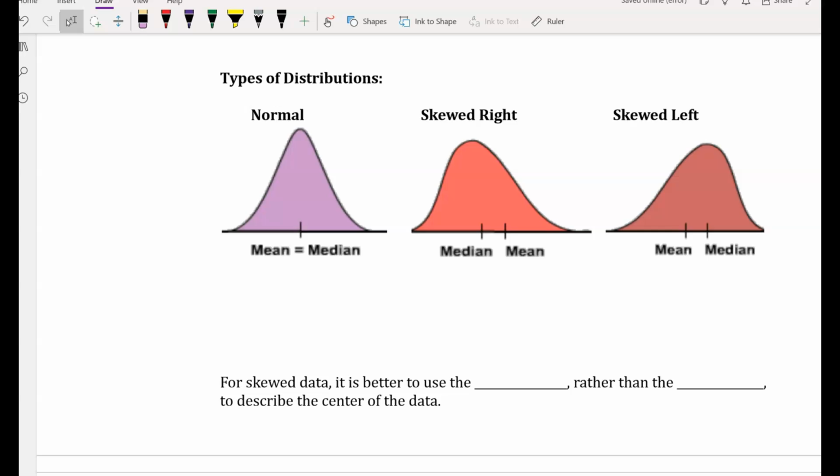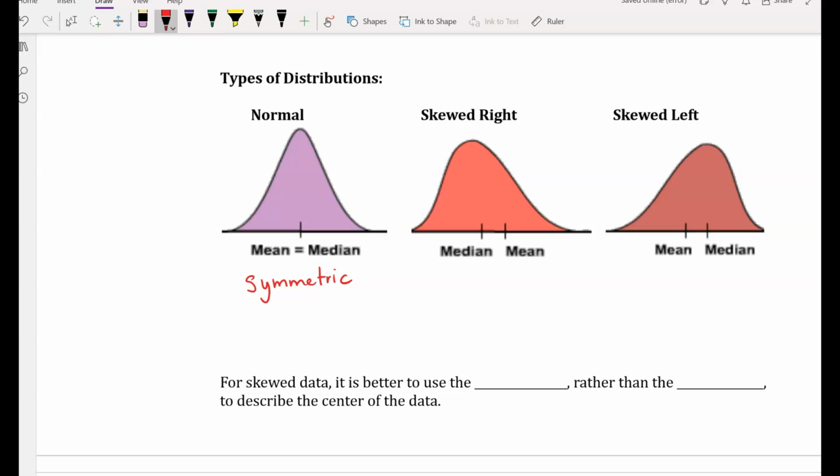So the curve represents a blanket that's on top of our distribution, and if we see some symmetry, if most of our data is right in the middle, remember that would be our mode, our median and our mean are going to be equal, and they're also going to be right in the middle. We call this a symmetric distribution because if we fold it on the midline, then it's going to fold right on itself.